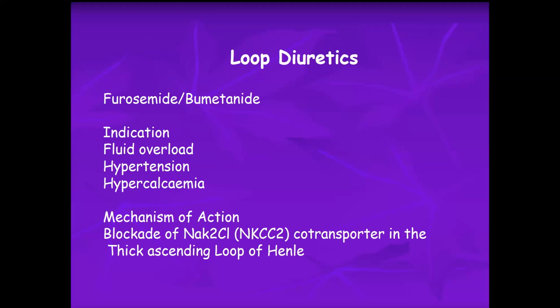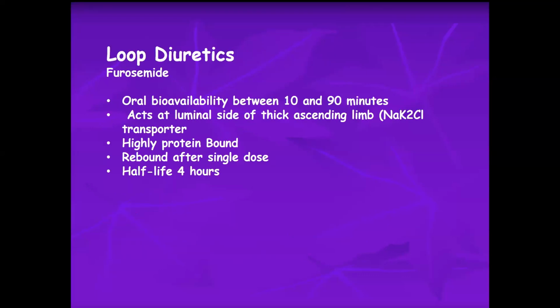The mechanism of action, looking back at the nephron, is a blockade of the sodium potassium chloride co-transporter in the thick ascending loop of Henle. Its oral bioavailability is between 10 and 19 minutes. It acts on the luminal side of the thick ascending limb. It's highly protein bound, and you get a rebound after a single dose.